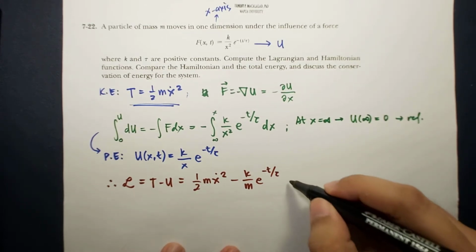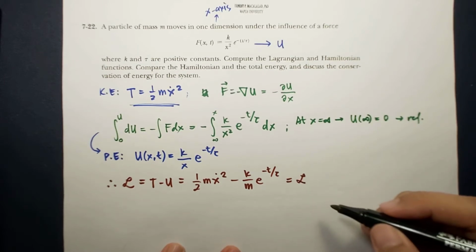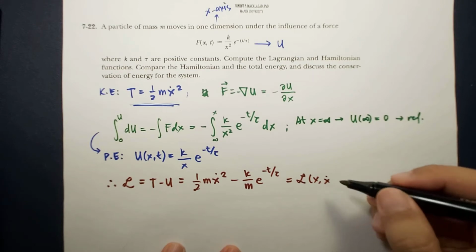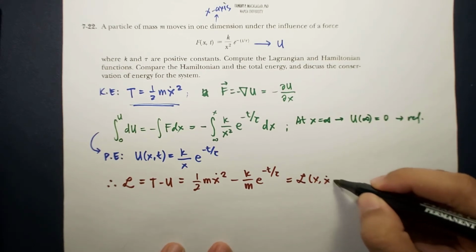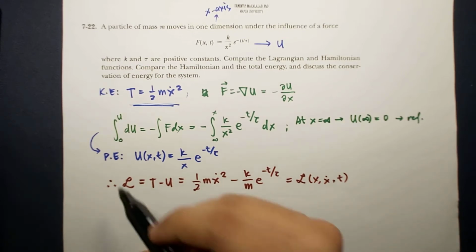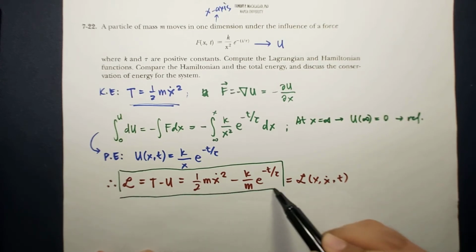As you will notice, the Lagrangian is a function of x and t, and there's an explicit dependence on time. So this is now our Lagrangian.